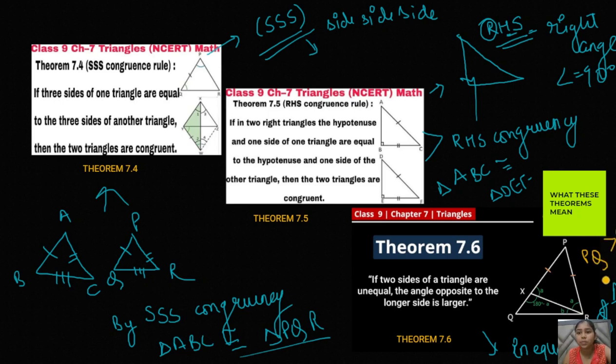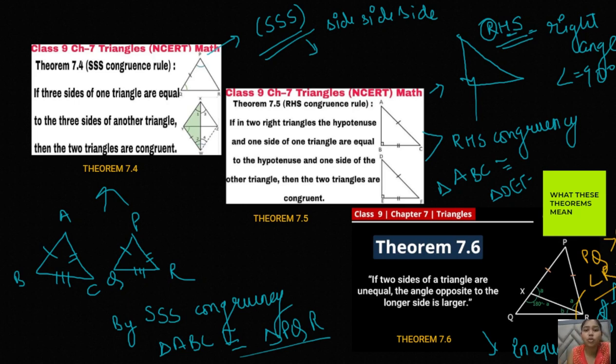So in that case, the angle opposite to the larger side, that is angle R, will be greater than the angle opposite to the shorter side. It means angle R will be greater than angle Q. This is what we mean by theorem 7.6.